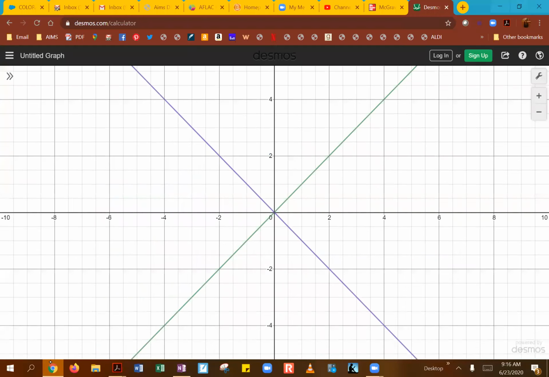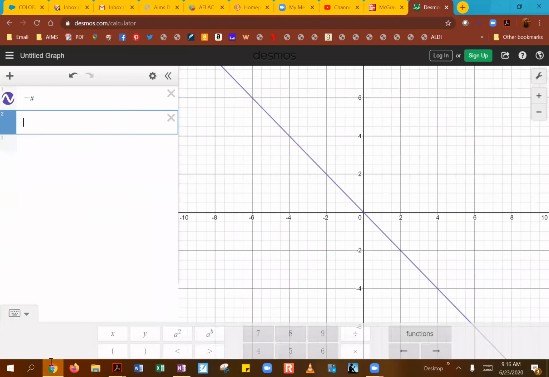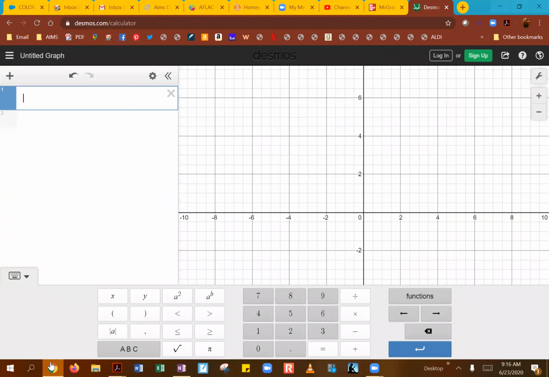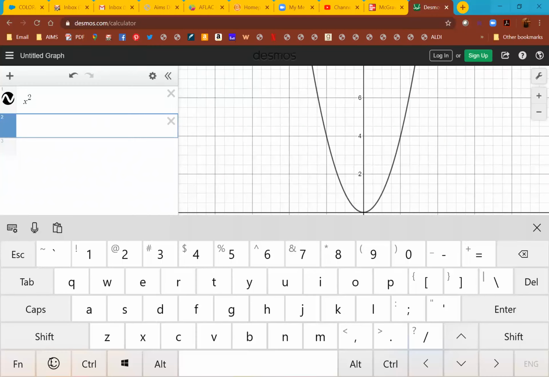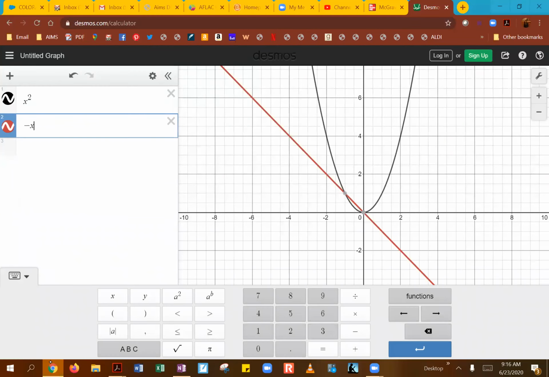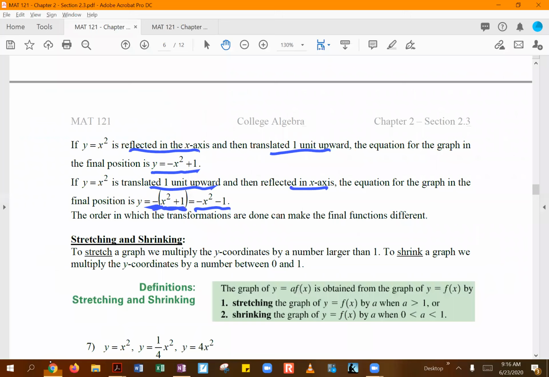So we'll go ahead and graph our x squared function first to get our base function. And then we'll do the first one, which was the negative x squared plus 1. So that's this guy over here.